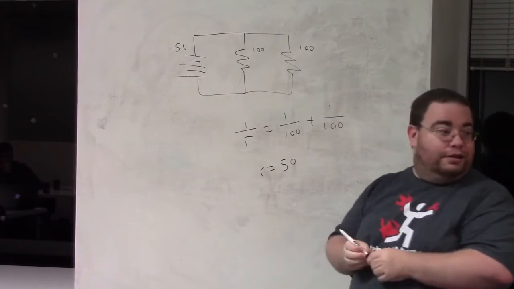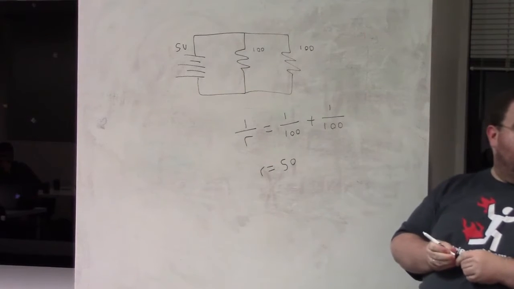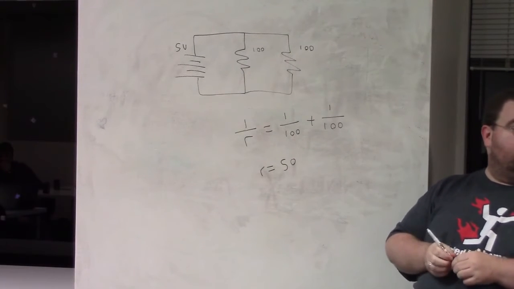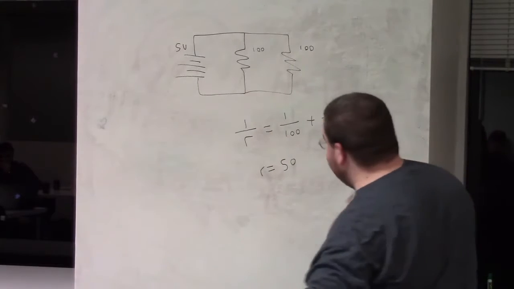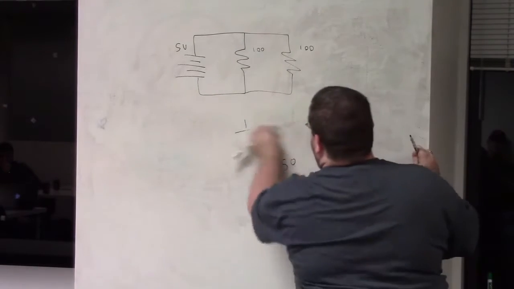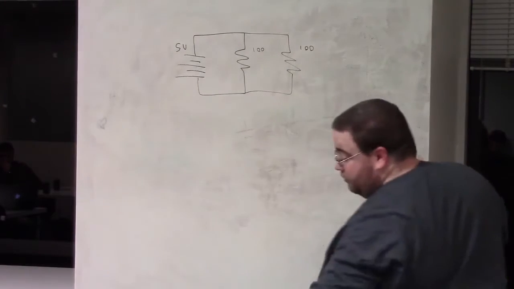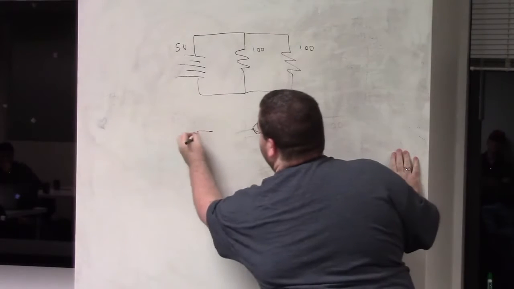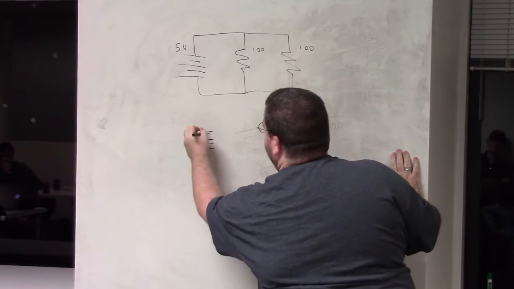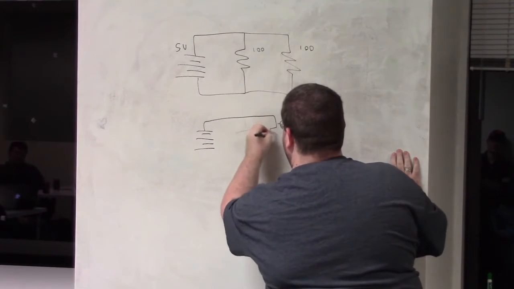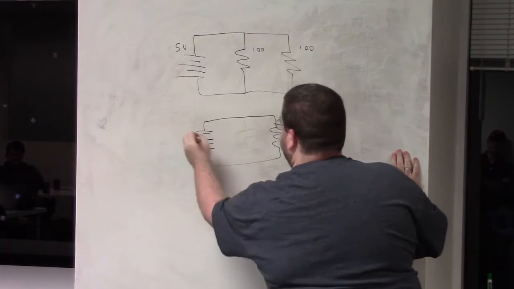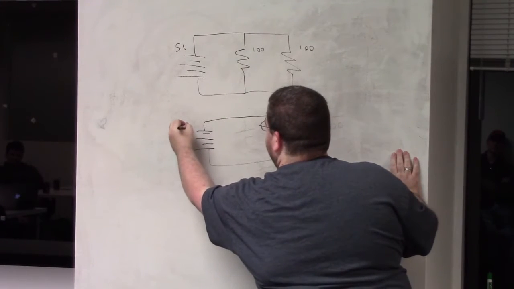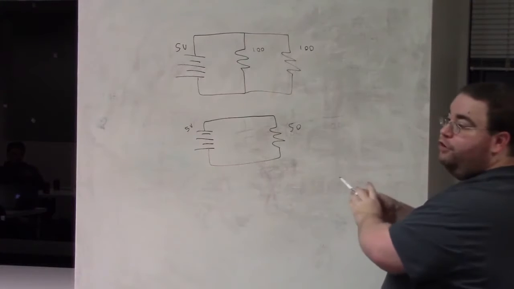Ross, real quick, could you maybe explain again the equivalent circuit, what you were saying? Maybe draw that real quick. So this is the same as if we had done a 150 ohm resistor.